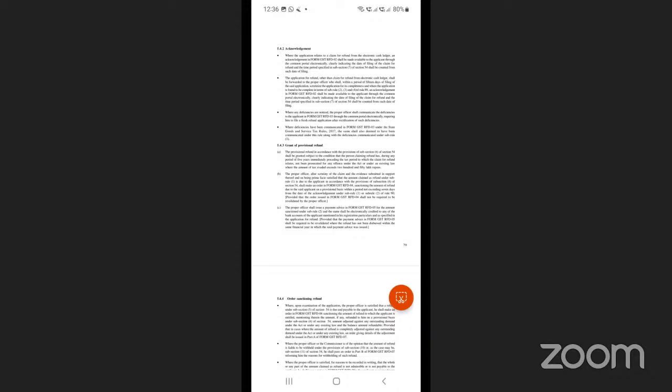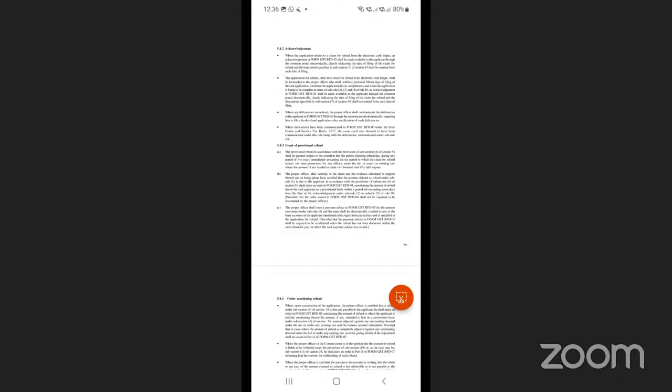This is possible only when the proper officer is satisfied that the claim for the refund is the correct one, then he will grant the acknowledgement within 15 days.